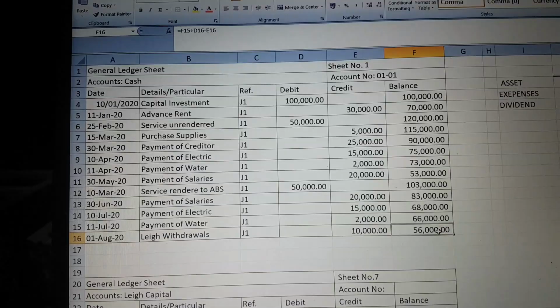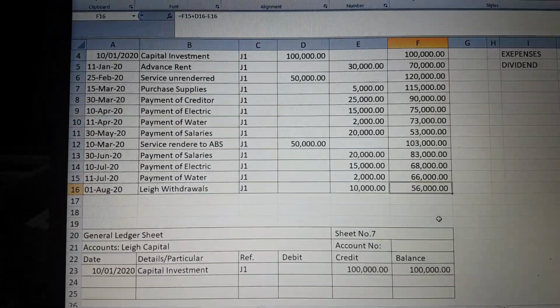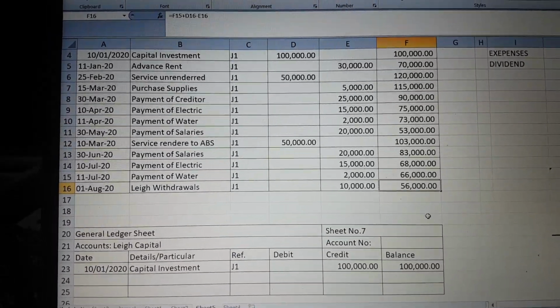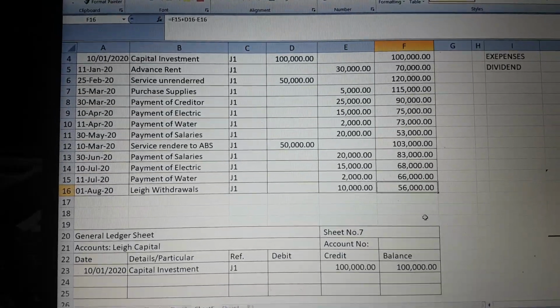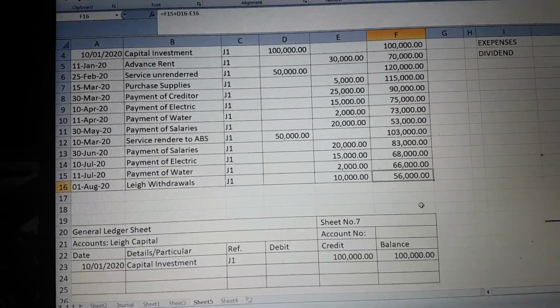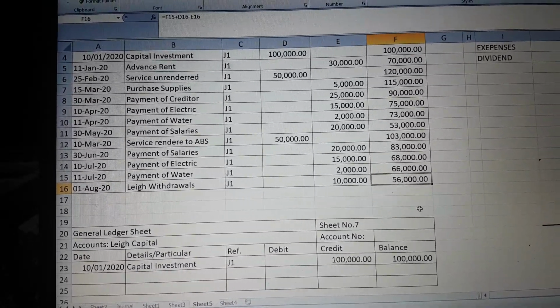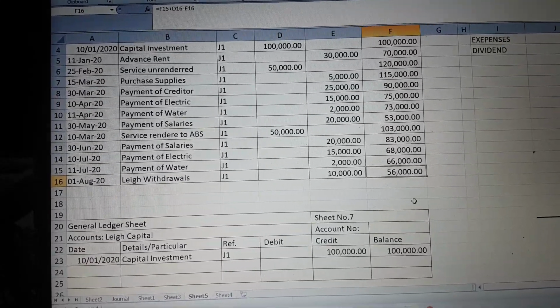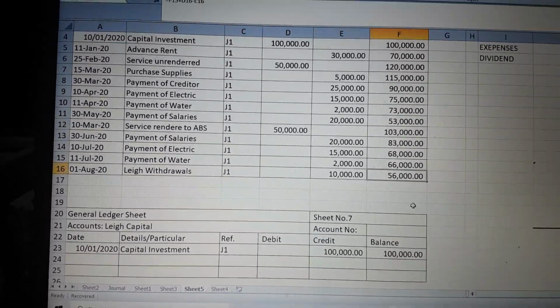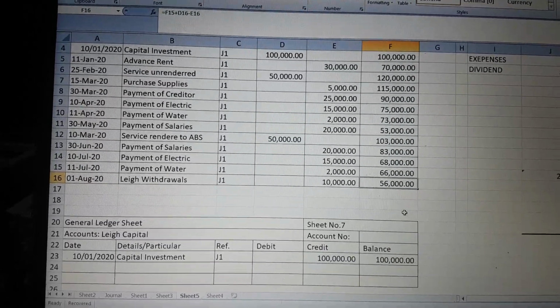Now, take note, we also have the so-called double entry bookkeeping. What is double entry bookkeeping? Since we always say that debit should always equal credit, it means that for every transaction, there are two different accounts that would be affected.